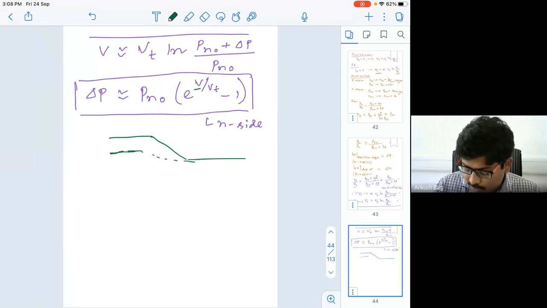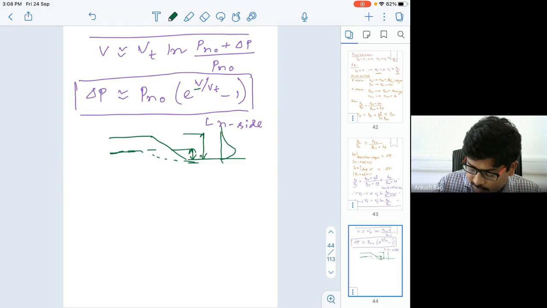After forward biasing, your built-in potential is reducing from psi naught to psi naught minus V. Then again, here your electron concentration has this kind of variation. This carrier concentration variation, above the conduction band, or the electron concentration here in this diagram, it is EC, so this is electron. This variation of electron concentration above the conduction band with energy is actually exponential, following your Boltzmann relationship.